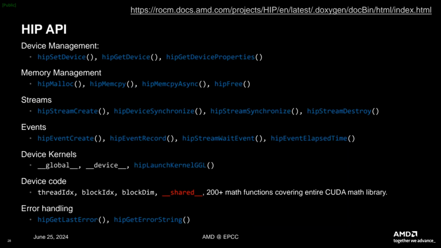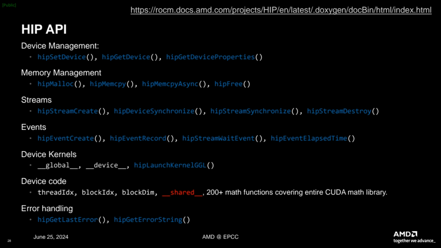So in the next slide, I'm showing you a very high-level overview of some of the API calls that will be relevant to you with HIP. And obviously, if you go ahead and check the documentation linked at the top of the slide, you can see a full list. But here are the main ones for starters. As you can see, we have some calls to query our device and identify and get specific GPU devices that we may want to work on.